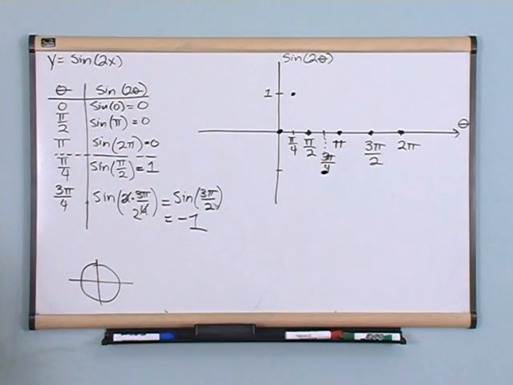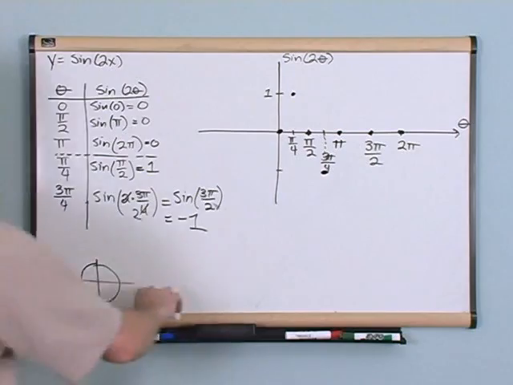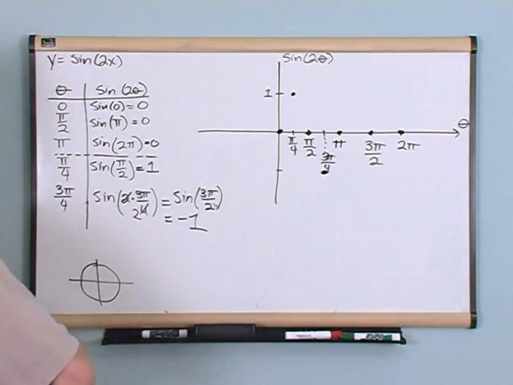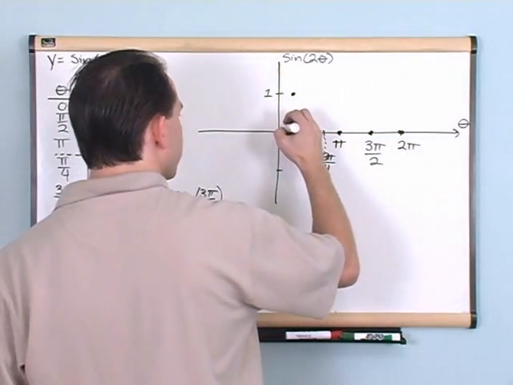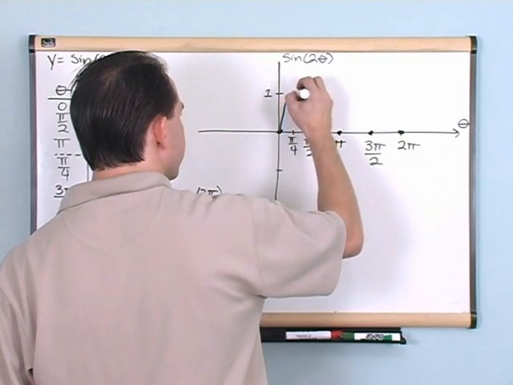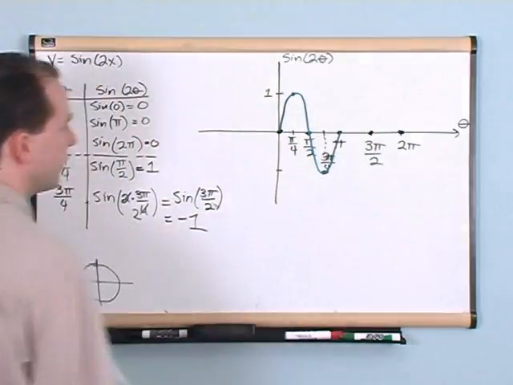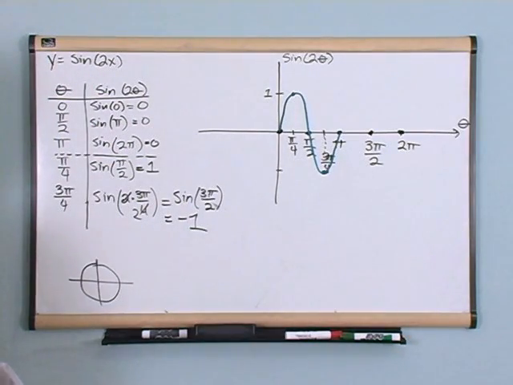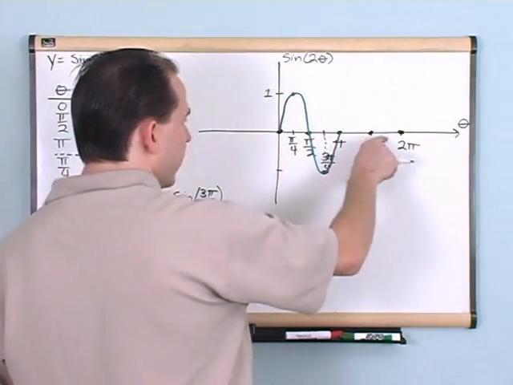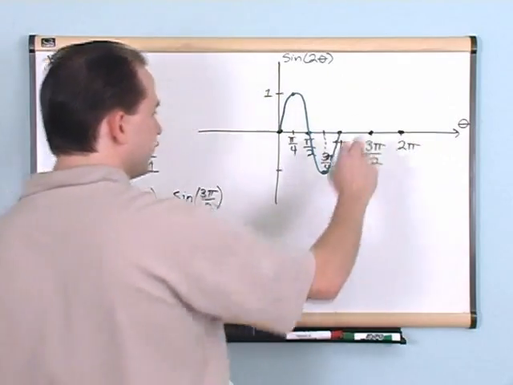Now you can start to see a pattern. This graph is going to start here. It's going to go up through this point, down through this point, down through this point, back up to 0. And if you were to pick more angles here, you'll find out it'll do it again over here.